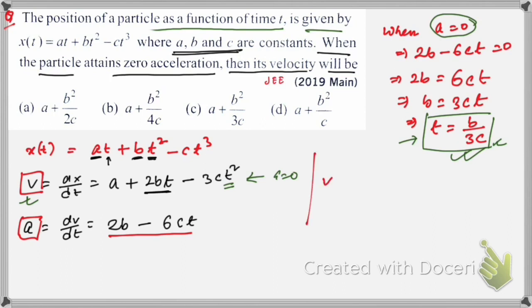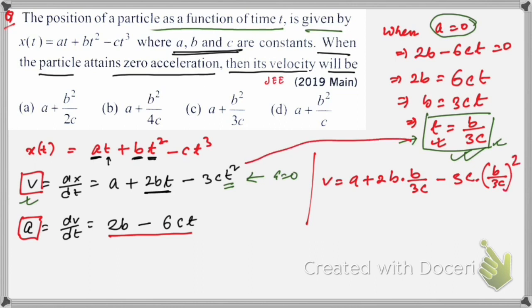Then v will be equal to a plus 2b into t, which is b by 3c from this equation, then minus 3c into t square, which will be b by 3c whole square, right? So we have used this value in this equation.